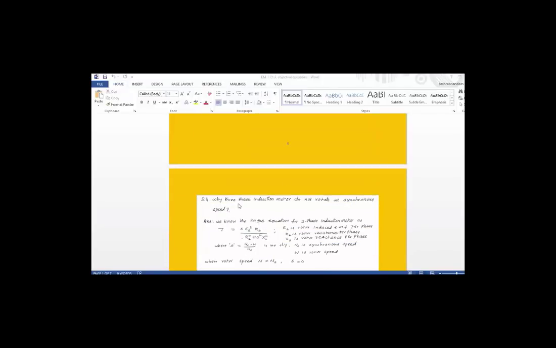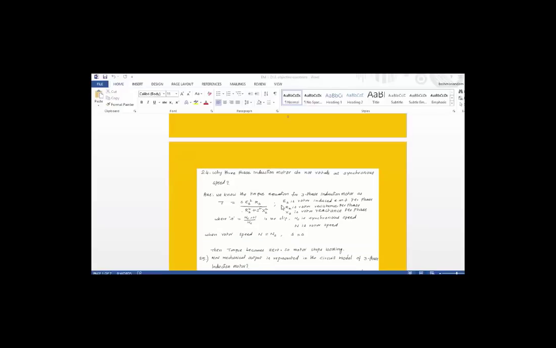24th question. Why does a three-phase induction motor not rotate at synchronous speed? Answer. We know the torque equation for three-phase induction motor as T is equal to S into E2 square R2 divided by R2 square plus S square into X2 square. Here E2 is rotor induced EMF per phase, R2 is rotor resistance per phase, X2 is rotor reactance per phase.